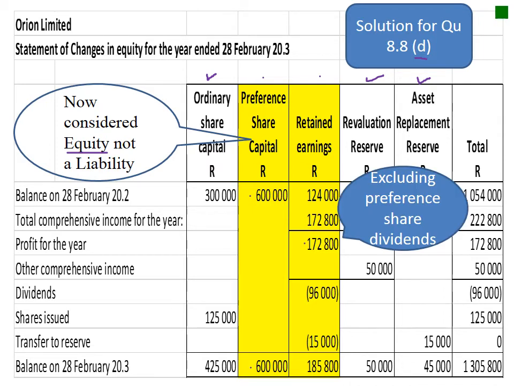If we now look at the retained earnings column, the opening balance is the same as it was previously. We're going to look at how the profit for the year has changed, because now we're going to exclude preference share dividends from our profit calculation, because remember, these preference share dividends previously would have been considered part of interest expense.